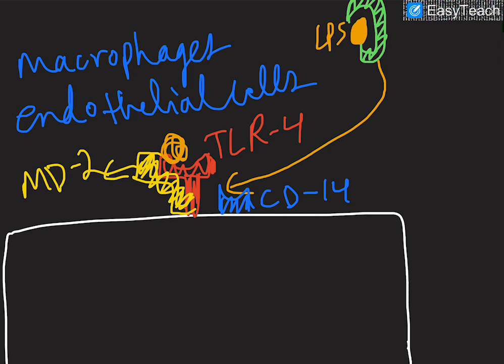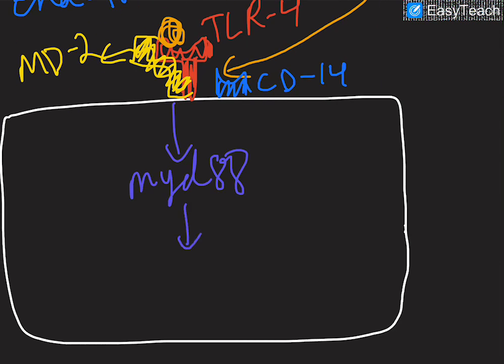Once that happens, toll-like receptor 4 will be activated, and as we know, this leads to the activation of the MyD88 pathway. This eventually leads to the activation of TRAF6 and then eventually the activation of nuclear factor kappa B.